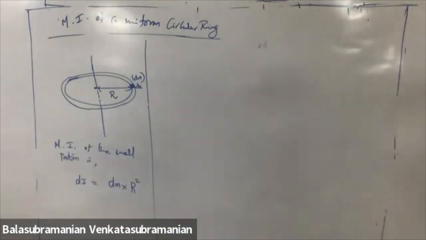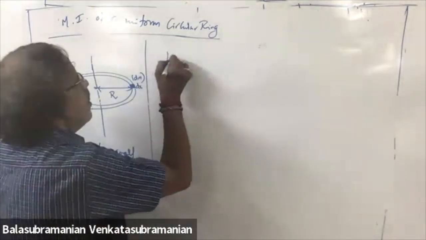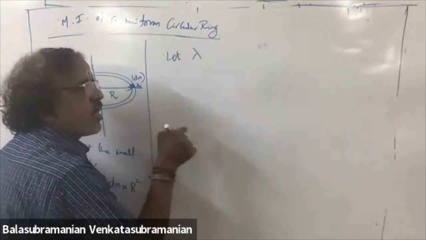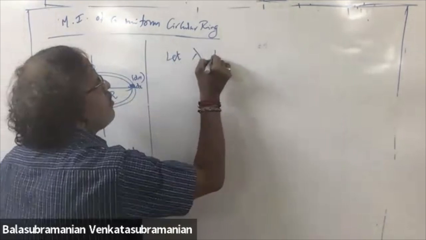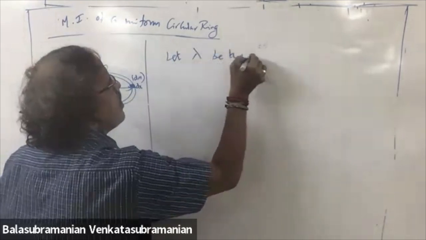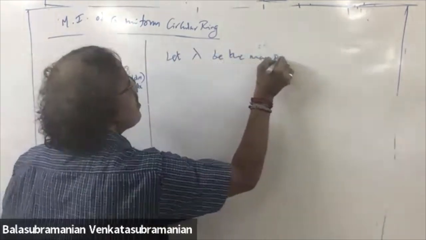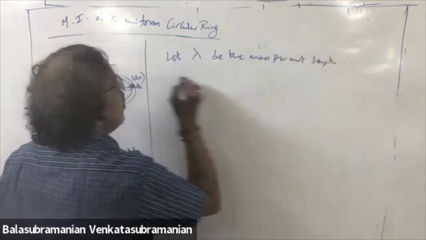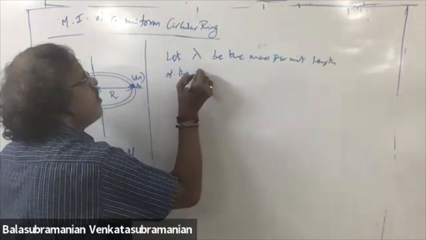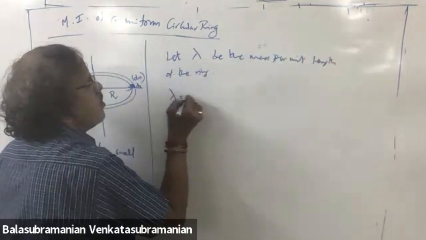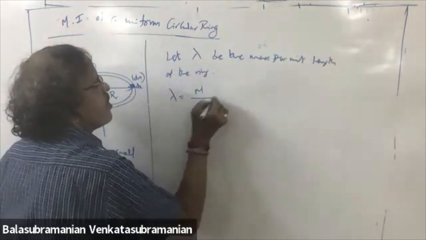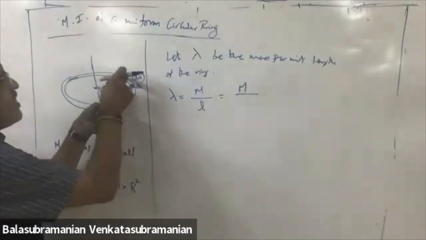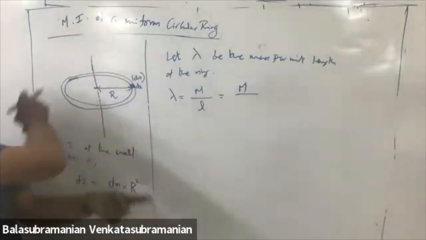There we have taken lambda as the mass per unit length of the rod. Here lambda is the mass per unit length of the ring. Mass by length, same M by L. But here the length is nothing but the circumference.